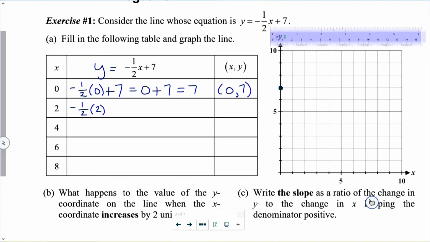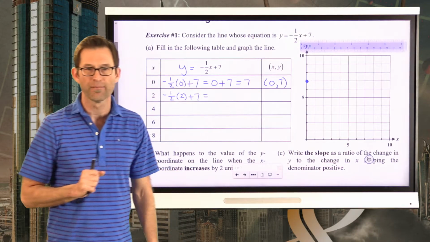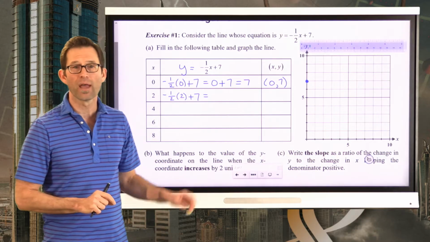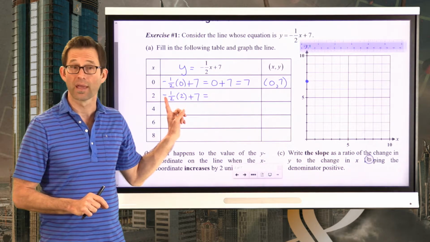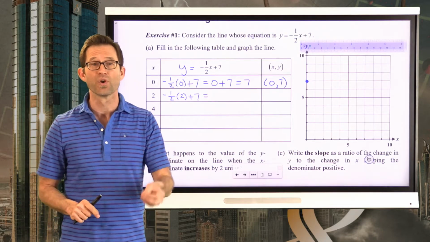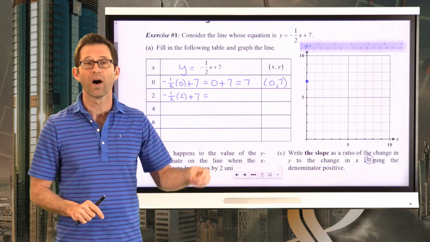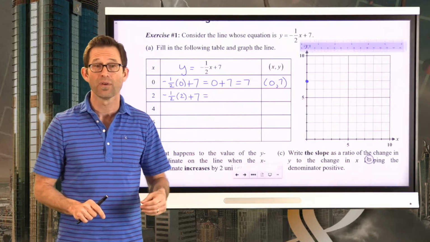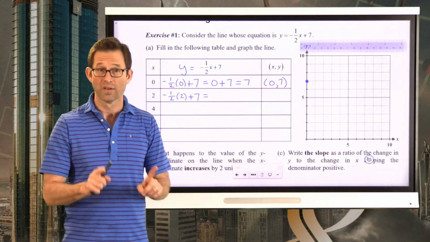Now let's put in x equals 2. Here's where it's really important to step back and discuss this a bit. I want you to never forget that if you have a negative number, -1/2, times a positive number, +2, the result is a negative. A negative times a positive is a negative. And of course, a negative times a negative is a positive.